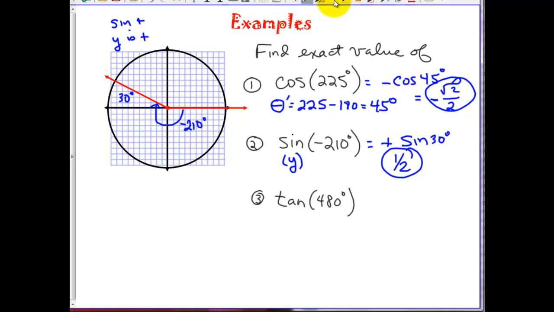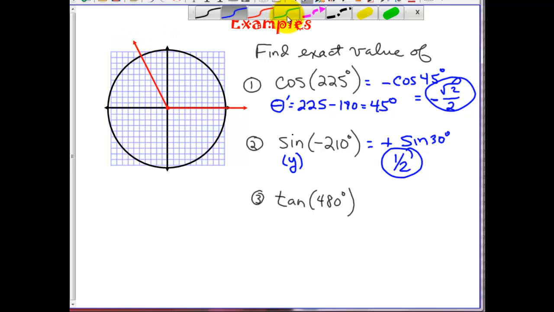Now let's look at our final example here. We have our tangent of 480 degrees, so we would be going 360 plus 90 is 450 plus another 30, so it would be about here.